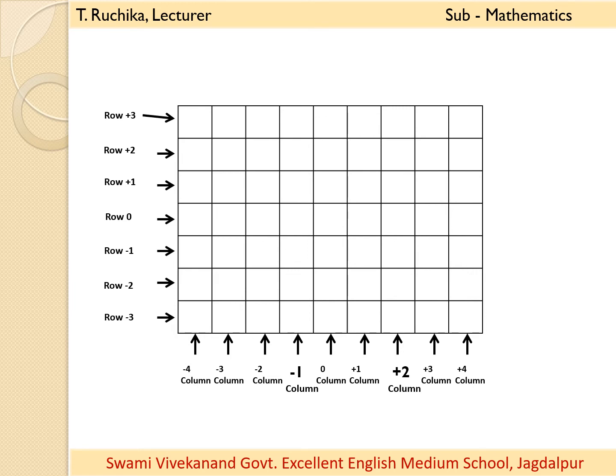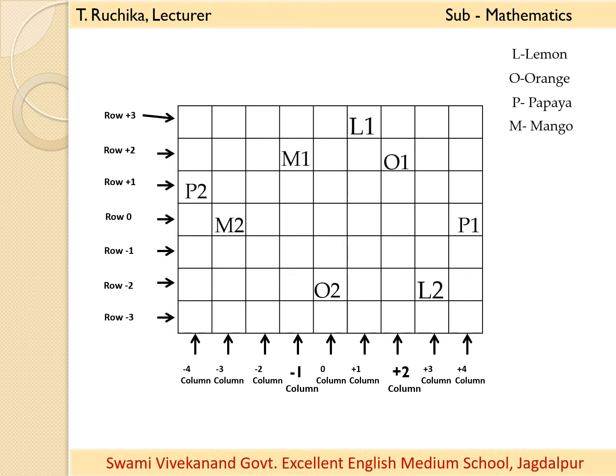We know the number line we have studied in 9th class. Same here also. We'll mark the middle line as 0. Right hand side the numbers +1, +2, +3 are marked, and left hand side the numbers -1, -2, -3 are marked. In this picture or graph, we have to find the positions of different plants.